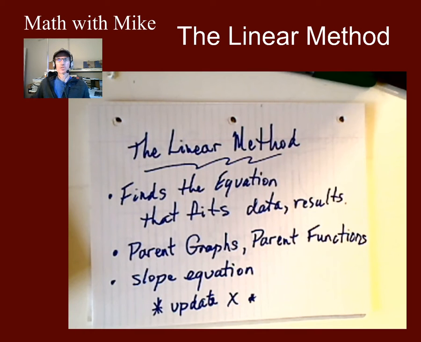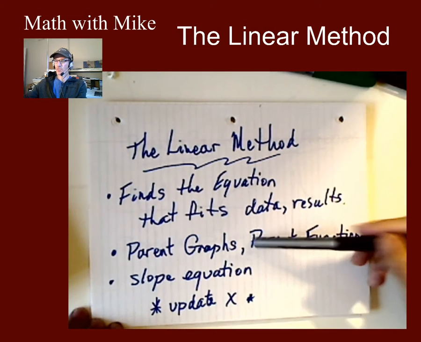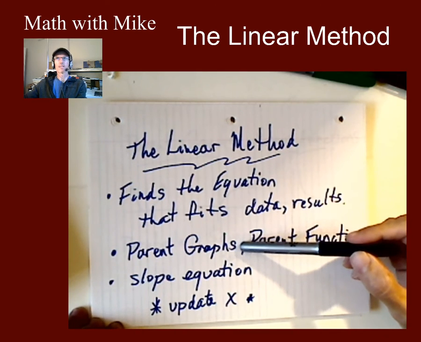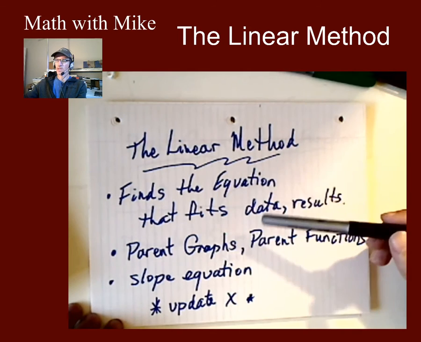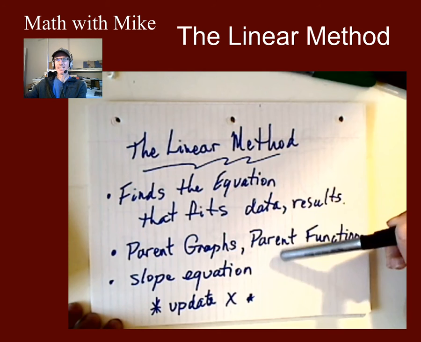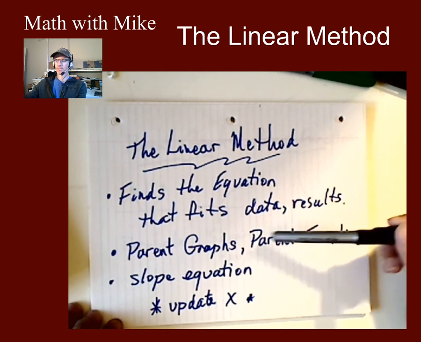Now, in order to do this, there are a few things that you have to bring back into your mind, and that is first of all, the parent graphs that we talked about a couple days ago. Those were all the pictures of the graphs and then the functions of x that went along with them.